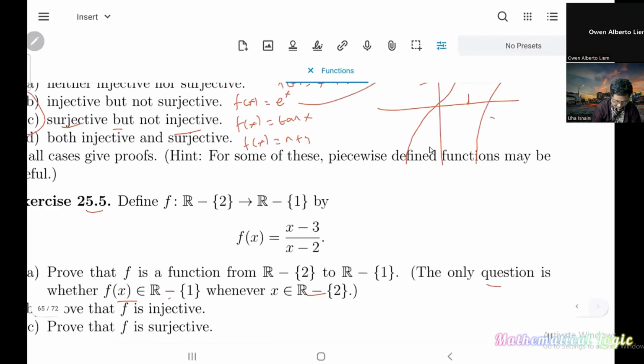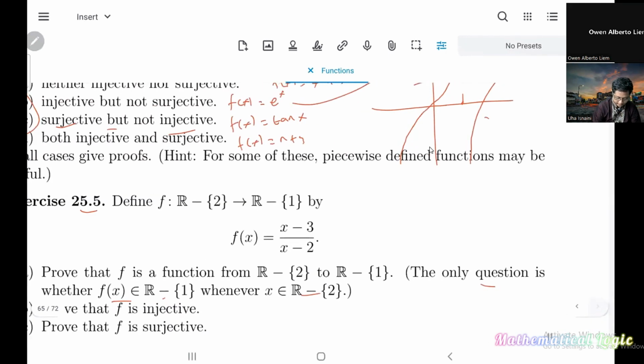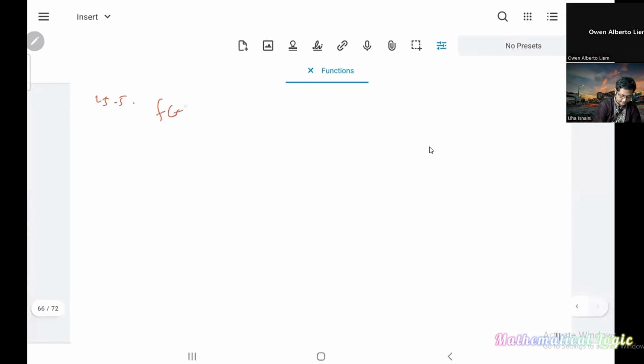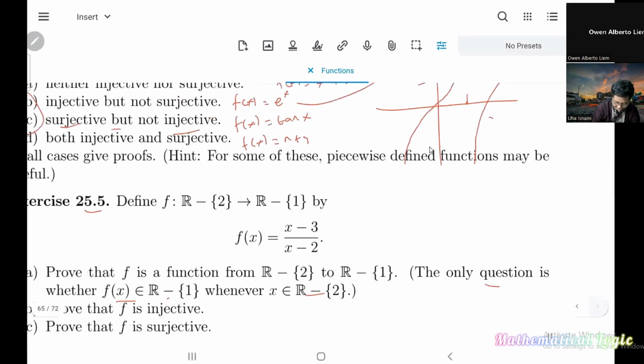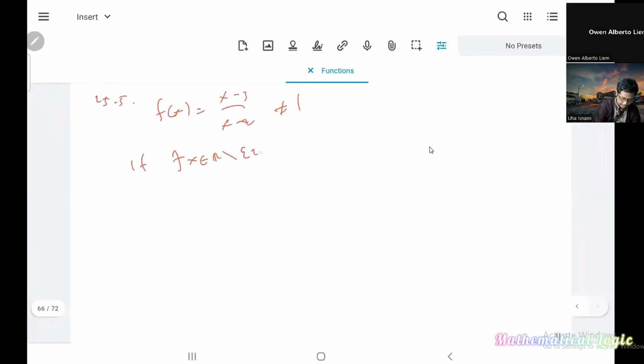So what we have here, f(x) is equal to (x minus 3) over (x minus 2). So it cannot be equal to 1. How to prove? Suppose there exists x in R minus {2} such that f(x) is equal to 1.